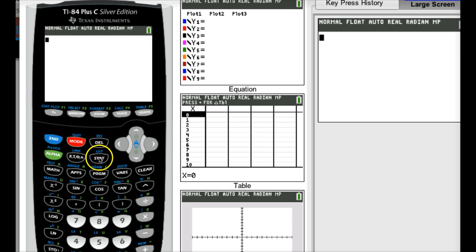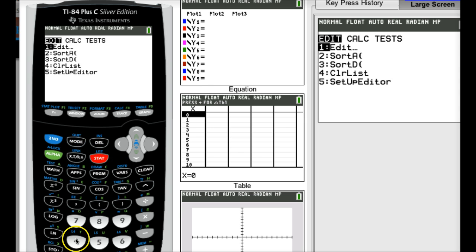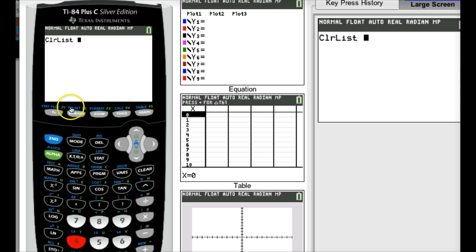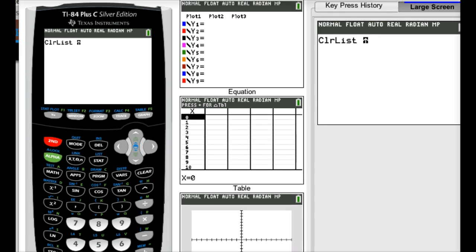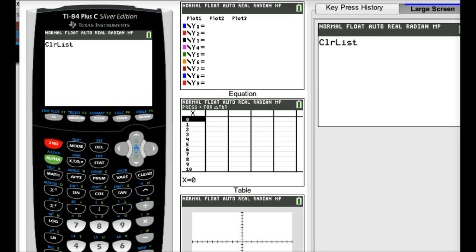So if I go back and I do Stat, choice 4 for clear list, and I tell it list 1. It's not letting me press the 1 here. Sorry, move this for a second. 1, comma, and then list 2, so second 2, comma, second 3, that gives me L3, comma, second 4, comma, second 5.